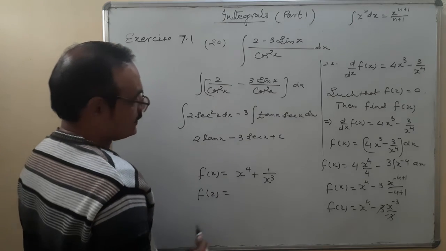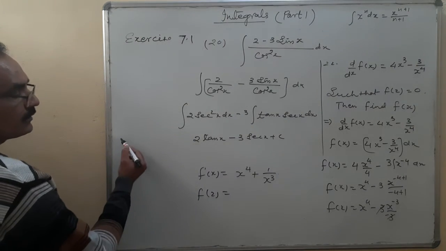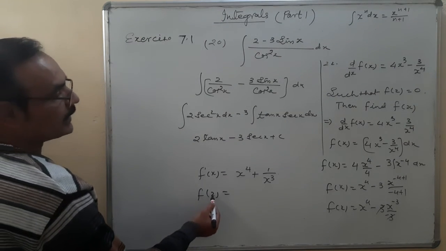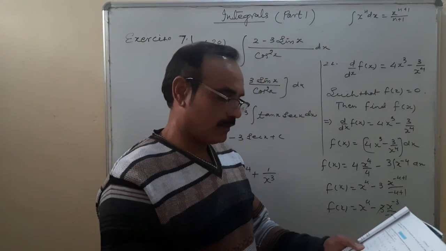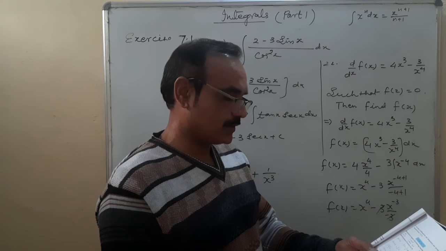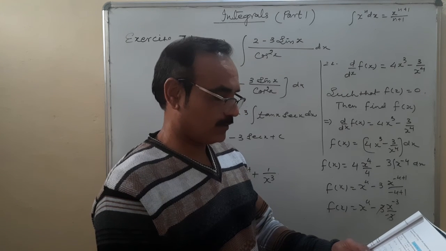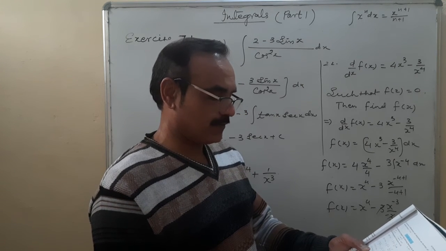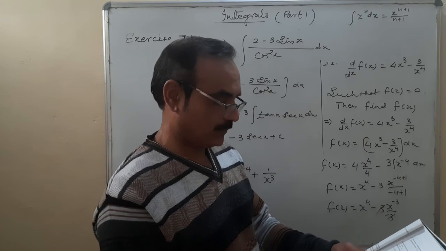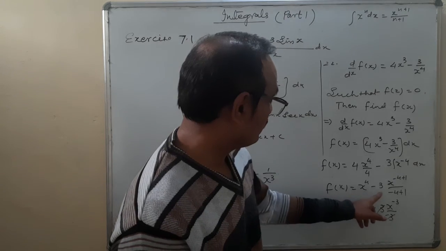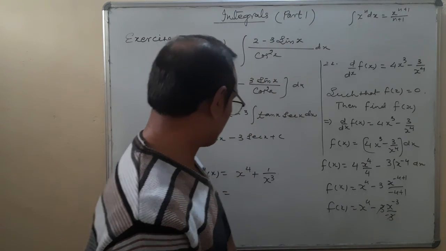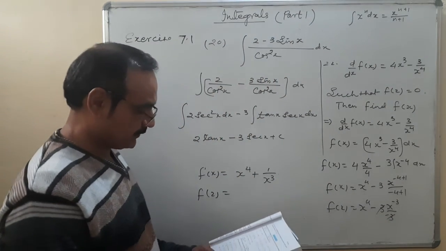When we put in place of x a 2, such that f of 2 is equal to 0, then f of x is equal to, here I can put 0, for finding the value of f of x.